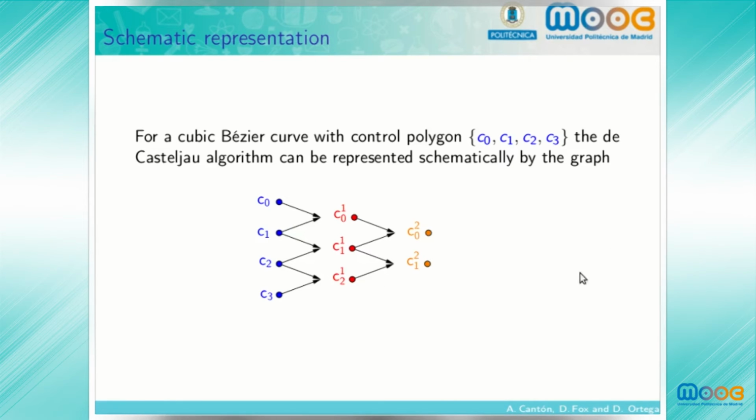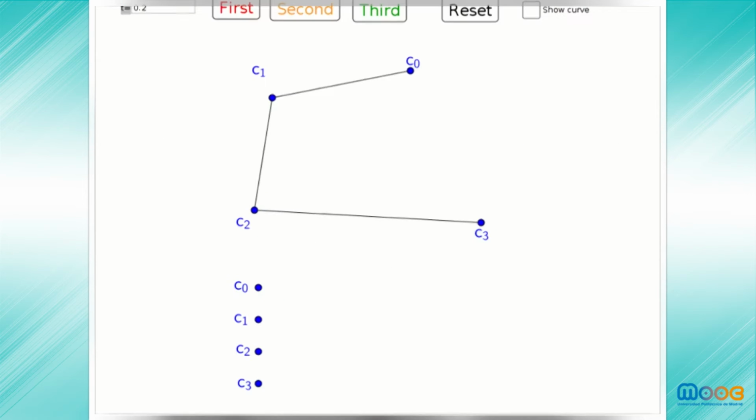In the second iteration, 3 points are reduced by 1, and we get 2 points represented in yellow. And in the last iteration, the 2 points are reduced to 1, and we get the last point, represented in green. So on the screen we start with the control polygon of the Bezier curve, and we fix a value for t, in this case 0.2.